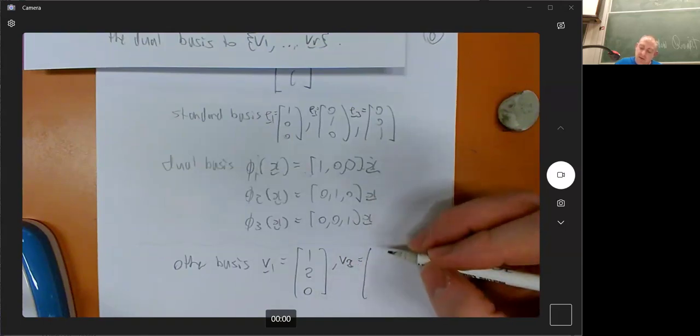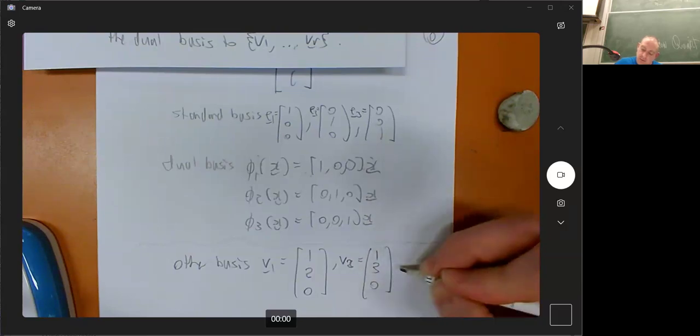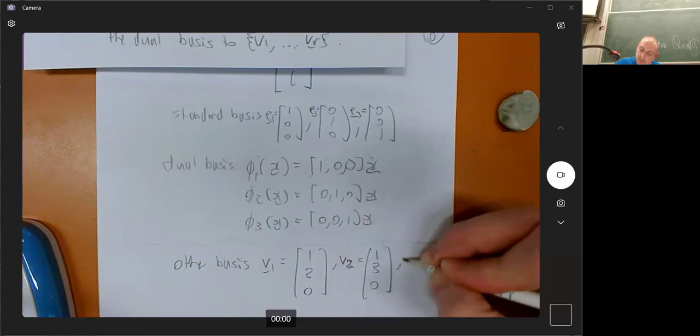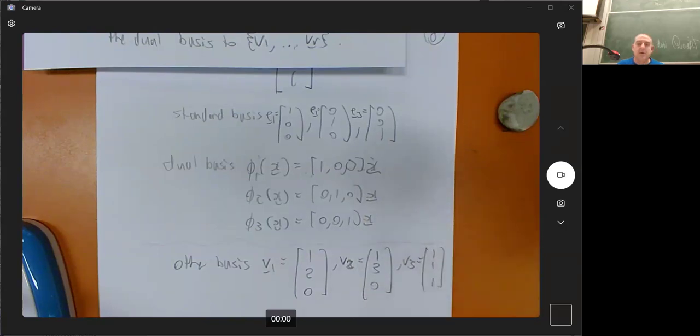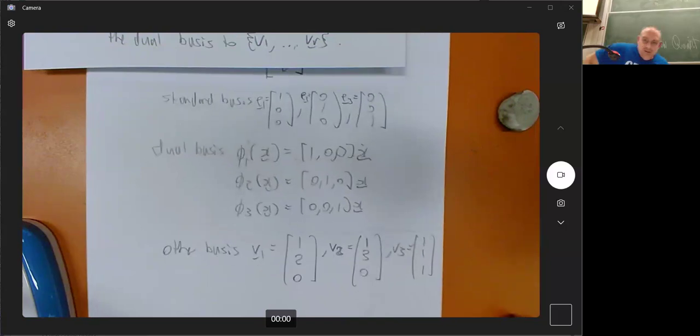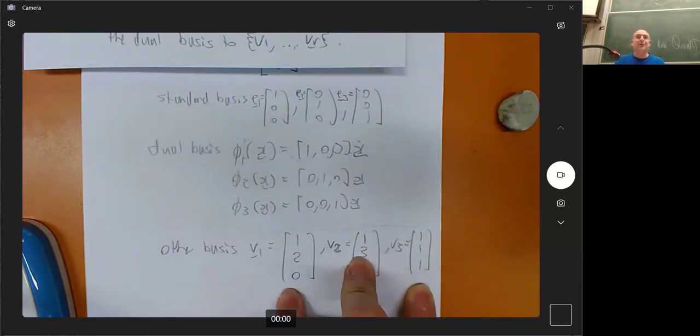Oh, now I have to make it, oh, damn you, David. There's my basis. They are definitely linearly independent. This one's not a multiple of that one, and this is not a combination of those two. Do you have that theorem in this course?